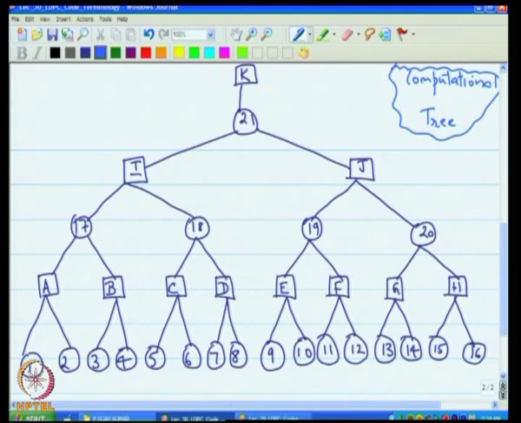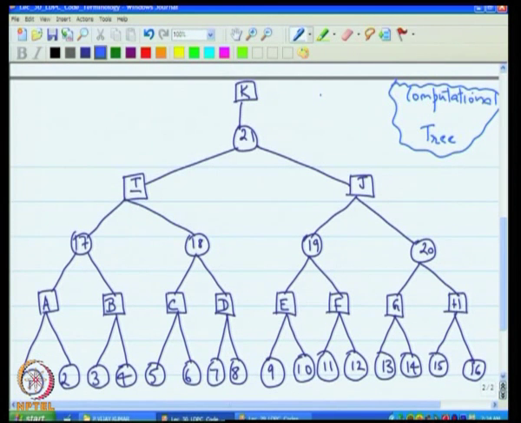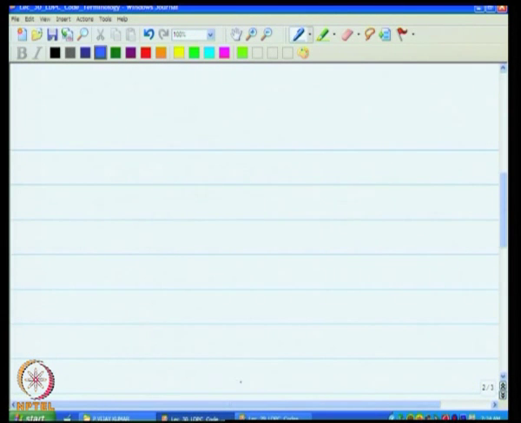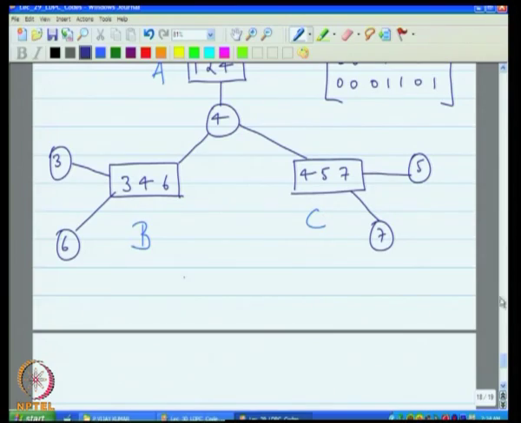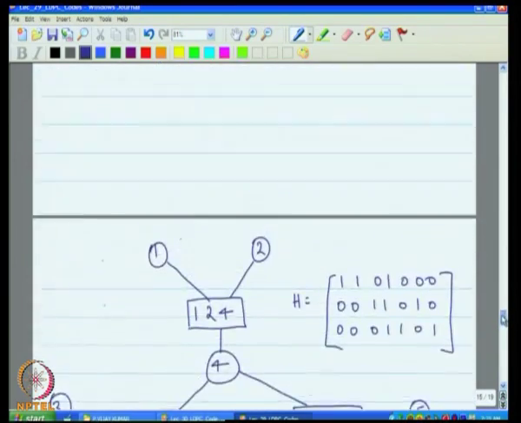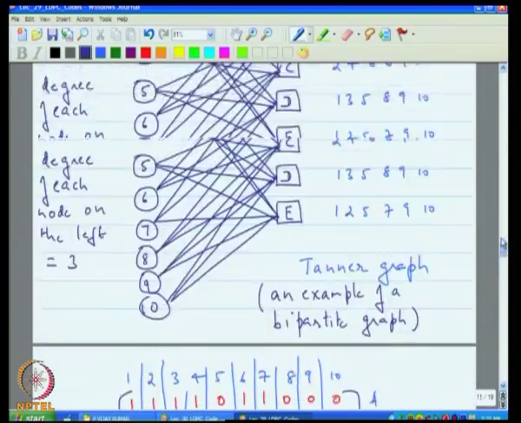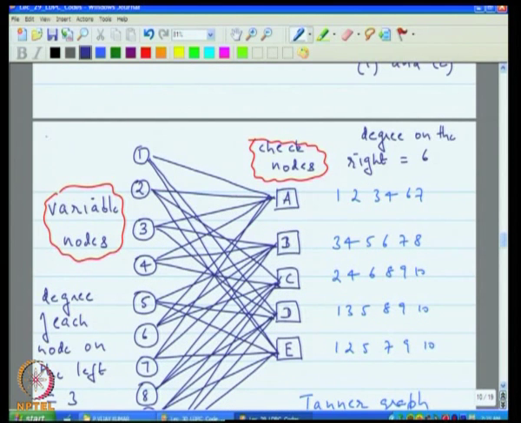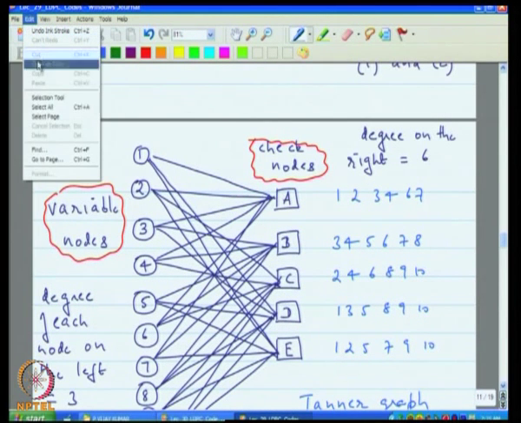And now you might ask, well, what relevance does this have to us? So let me bring back our earlier lecture. And I am going to copy over this particular graph here.